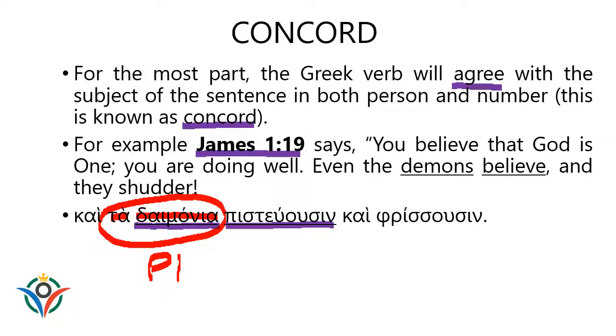And concord tells us that the verb will agree with the subject in both person and number. Is that true? Well, look at the ending of this verb, pisteusin. Where does that ending come from? It comes from our present active indicative. Remember from the previous lesson, let's go through them again.